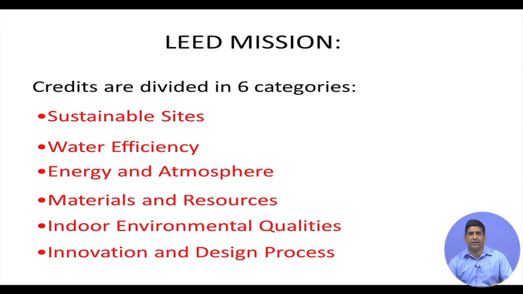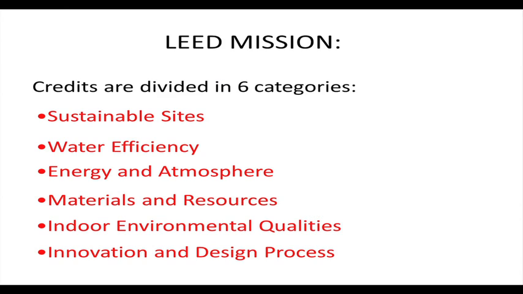Credits are divided into 6 categories: sustainable sites, like how good the site is in terms of its environmental aspects; water efficiency, how good the water usage is; energy and atmosphere; materials and resources; indoor environmental quality; and innovation in the design process.